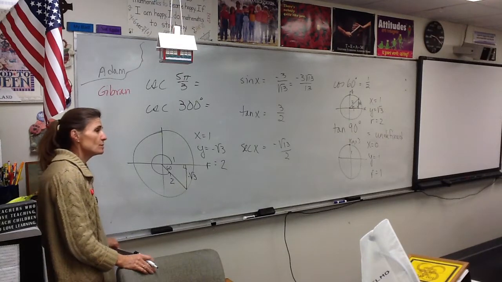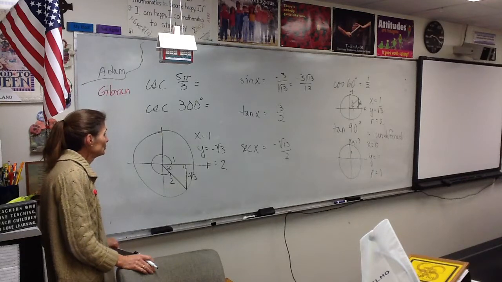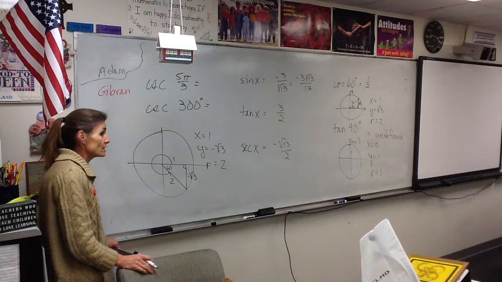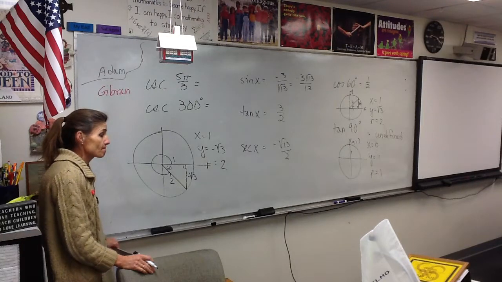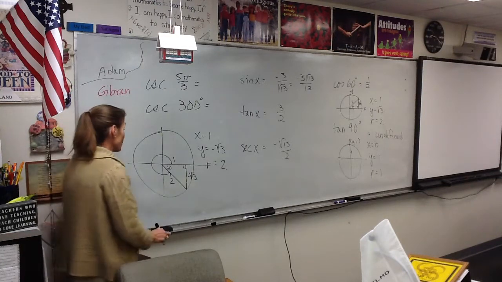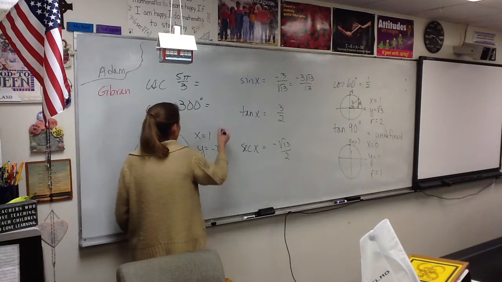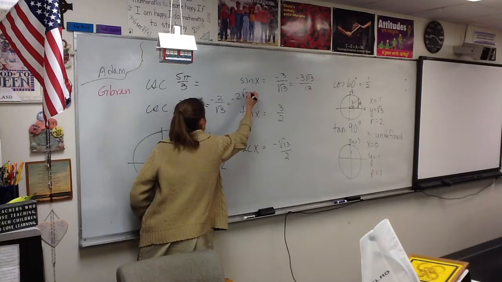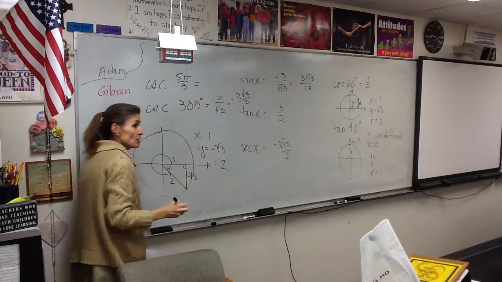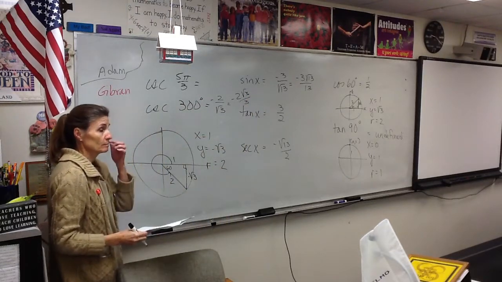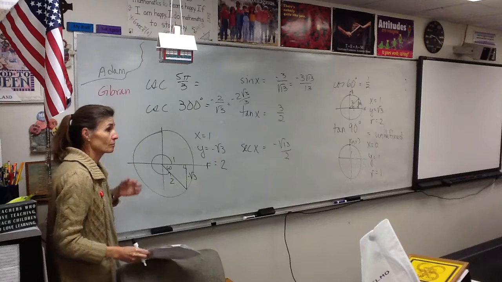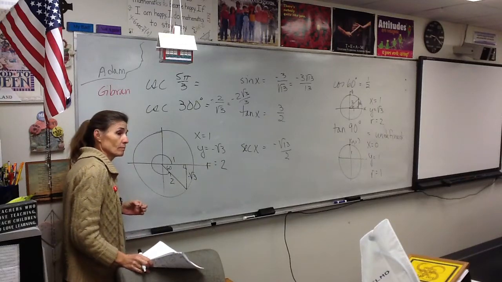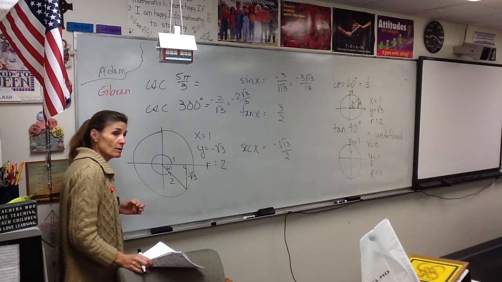Now I want the cosecant, the reciprocal of sine, so it would be r over y, negative 2 root 3 over 3 when I rationalize. Did you feel okay about that?